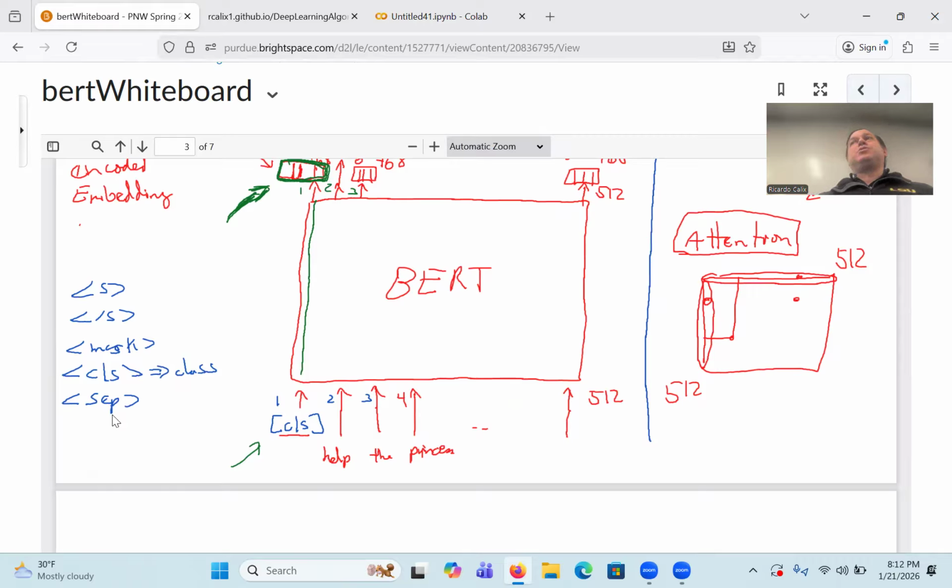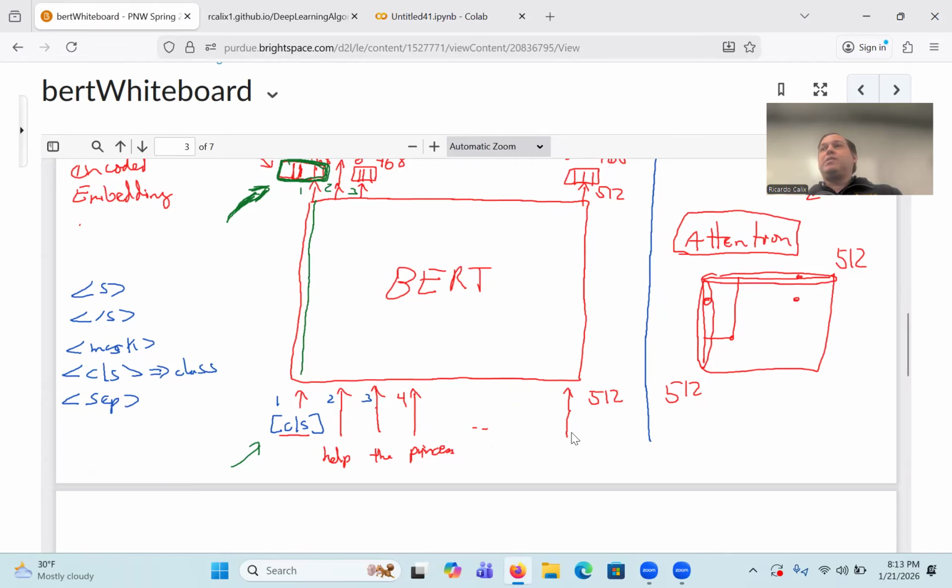These are special symbols that can be used with the tokens in BERT when they wrote the initial BERT paper. Remember, that was coming from the Transformers paper.